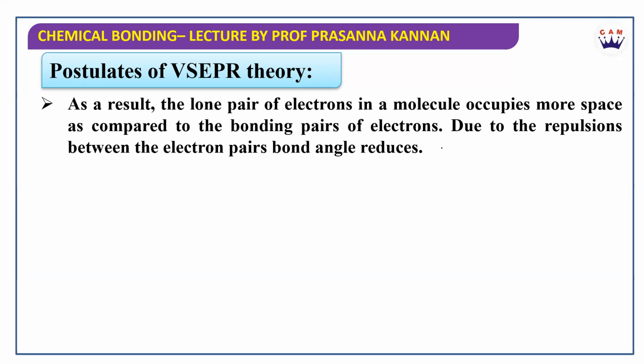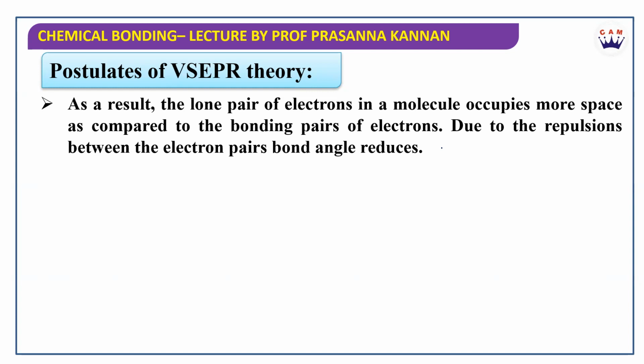Between lone pair and bond pair, repulsion is a little less than between lone pair and lone pair. Between bond pair and bond pair, repulsion is least. Next point: lone pairs usually occupy more space compared to bond pairs of electrons.